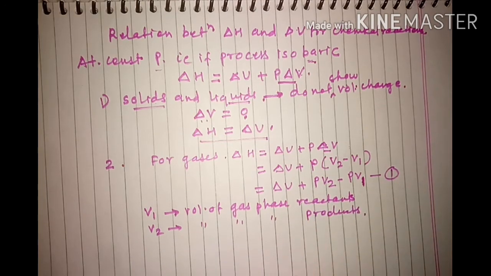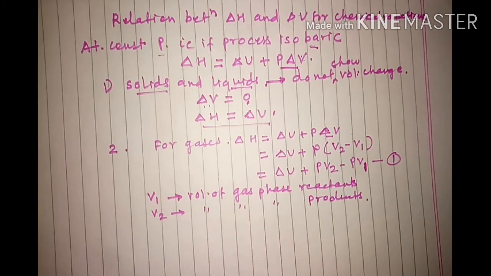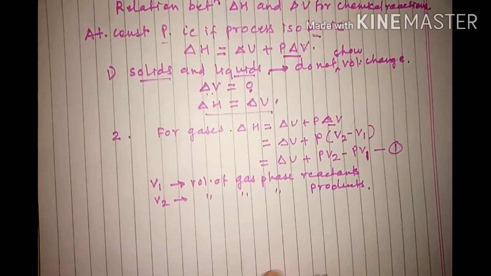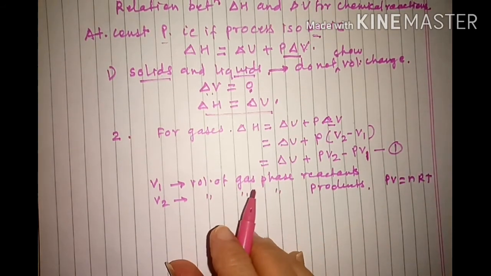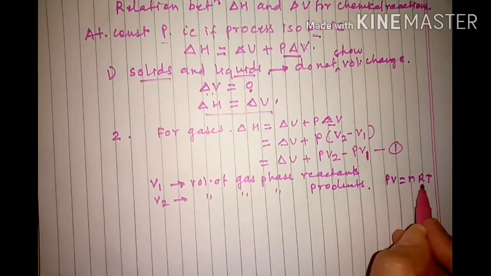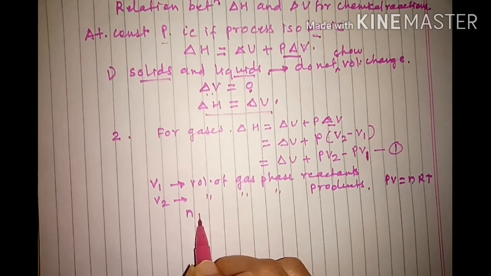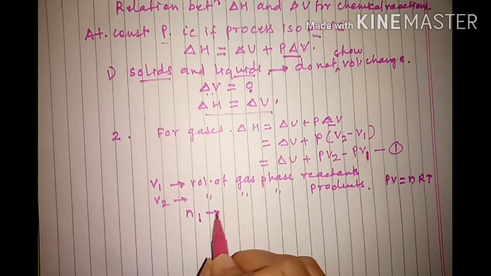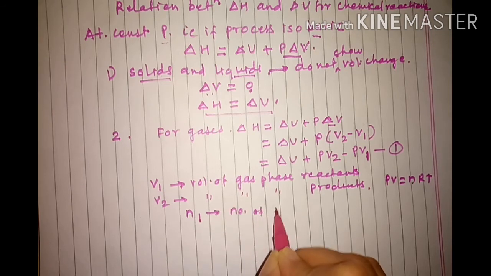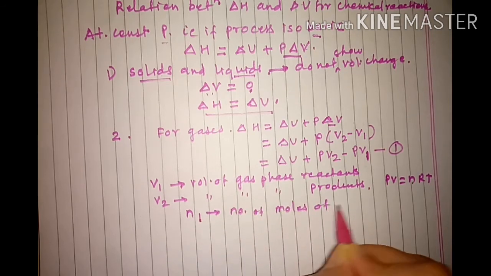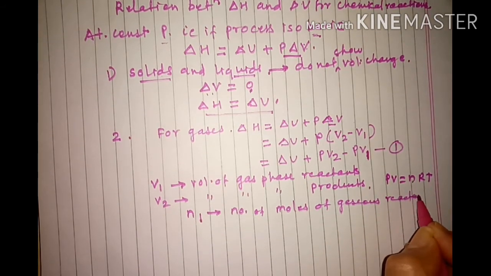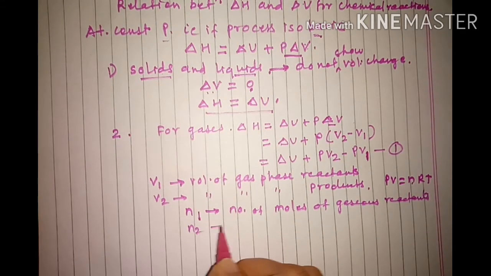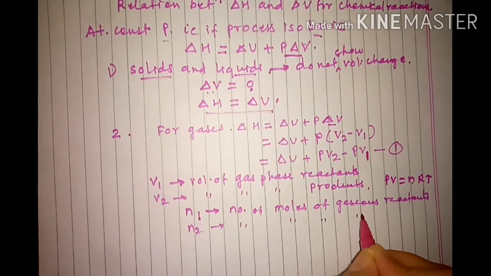We assume that reactants and products behave ideally, so you can apply the ideal gas equation here, which is PV equals nRT. Here n will be the number of moles. So n1 is the number of moles of gaseous reactants, and n2 would be the number of moles of gaseous products.